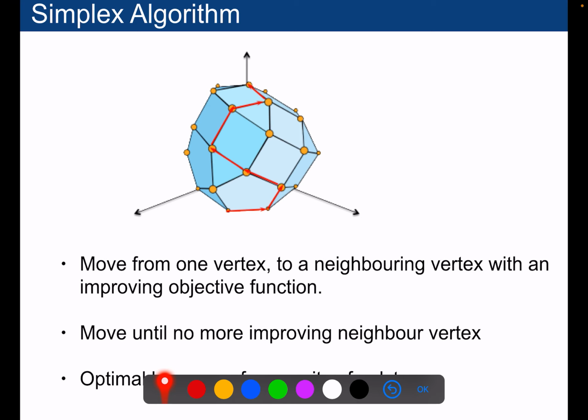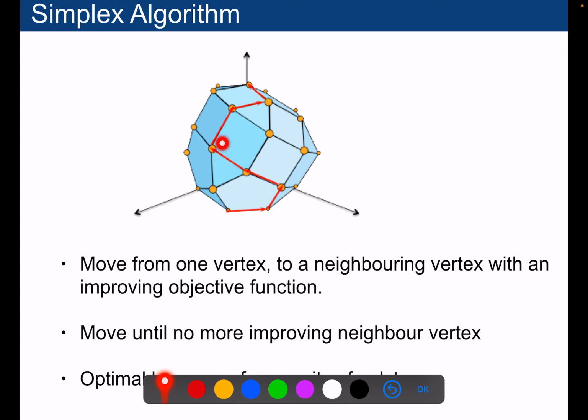Just to give you an intuition, and then we will enter into the details, the simplex algorithm will move from one vertex to the next, like this. It will follow a path of vertices adjacent to each other, but every time it makes a move, it will improve the solution. Okay, we will always improve a little bit the objective function, but we will move from one vertex to the next, and all of them are adjacent.